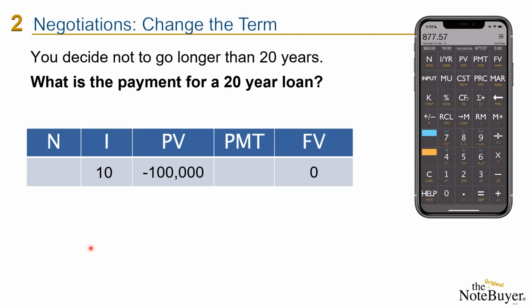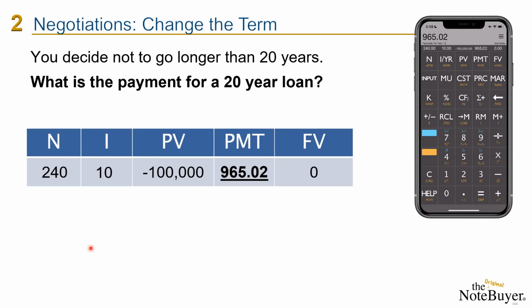We're not changing that, so we leave that alone. And we already have negative 100,000 in there, and we already have 0. All we need to do is change N. So we're going to put 240 into N. And then we're going to press the payment button, and you see you get the $965.02.